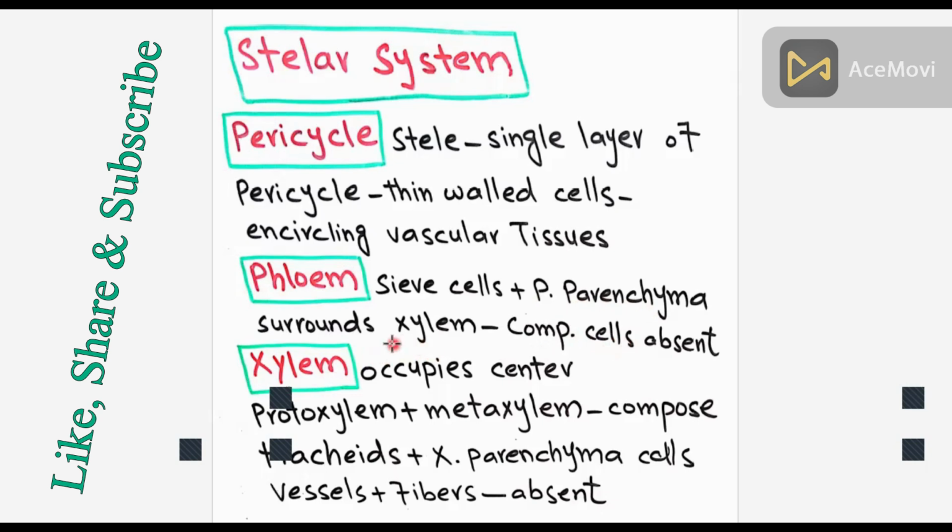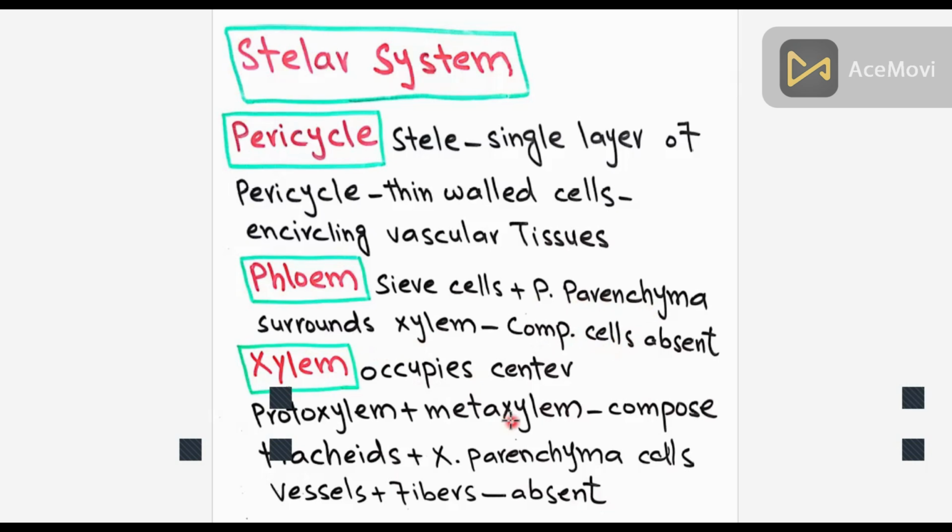Phloem surrounds the xylem completely. Xylem. Xylem occupies the center of the stem. The xylem consists of protoxylem and metaxylem, which are composed of tracheids and xylem parenchyma cells. The vessels and fibers are absent.